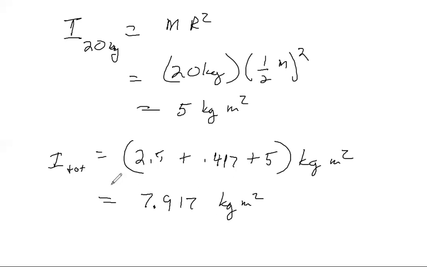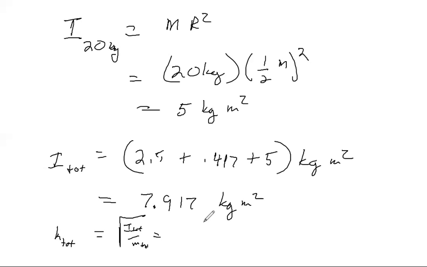And if you want, we could calculate a radius of gyration for the total object. And that would simply be the square root of I total over m total. And that's going to be that divided by, see, the total mass is going to be 20 plus 10 plus 5.